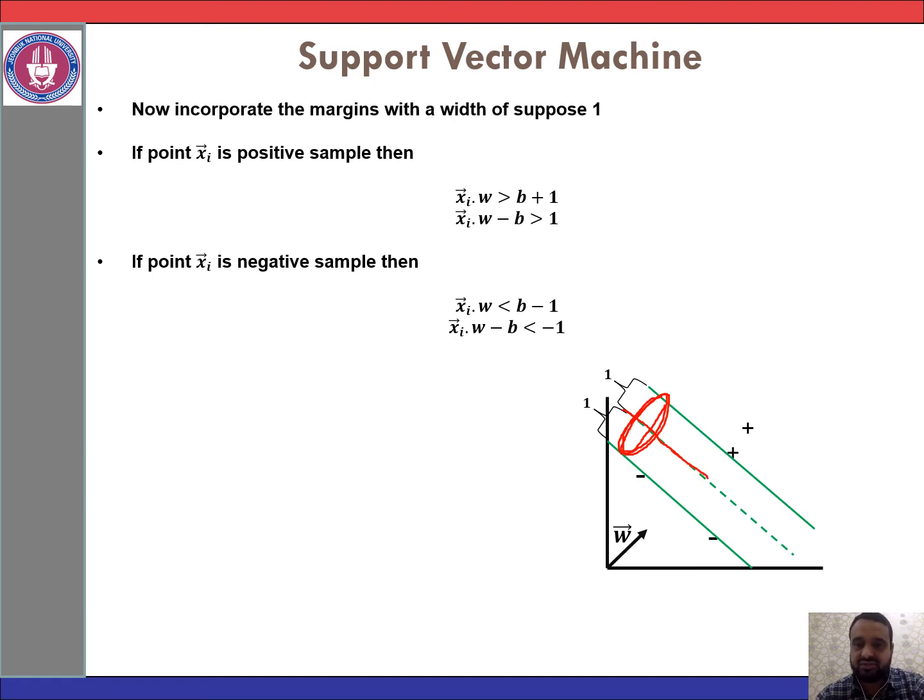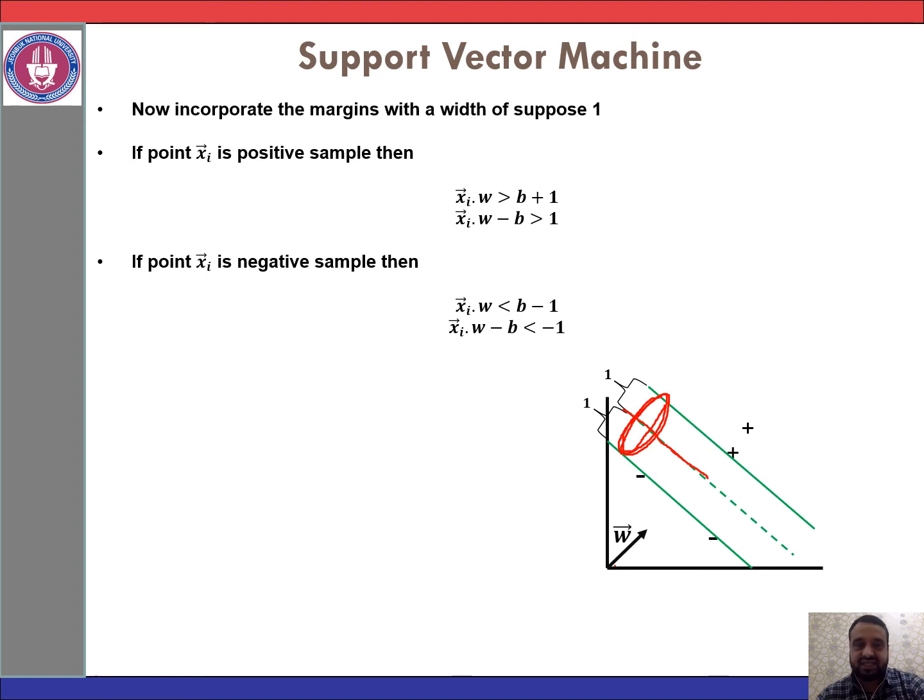So what we want to do is add some margin to the initially drawn decision boundary, this dotted line, which is b distance away from the reference point here. We will add 1 to this decision boundary for positive samples, and subtract 1 from this b for the negative samples.